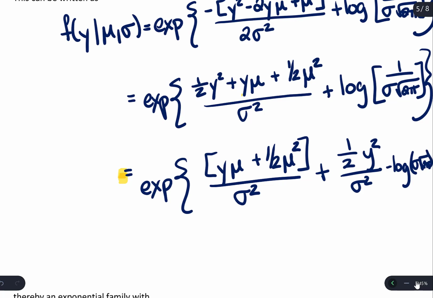Sorry, I'm running out of space here, but that's minus log sigma square root of 2 pi. And notice the reason that I don't have that in the denominator is since it was in the denominator here, I switched the positive to a negative.